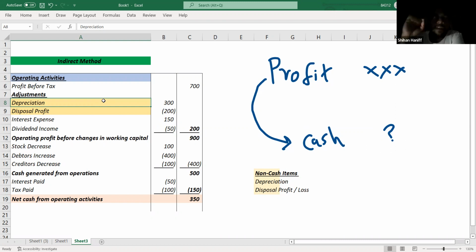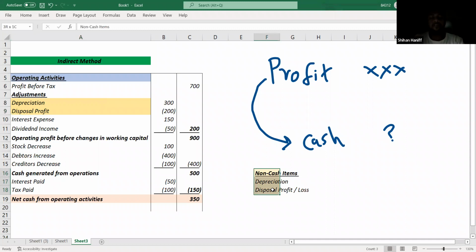Or the depreciation value will be given in the income statement, the profit and loss. For disposal profit, you have to prepare the disposal account if they have not given it. Right. So number one, we adjust the non-cash items.